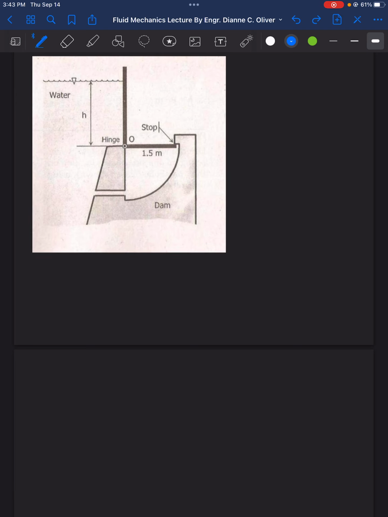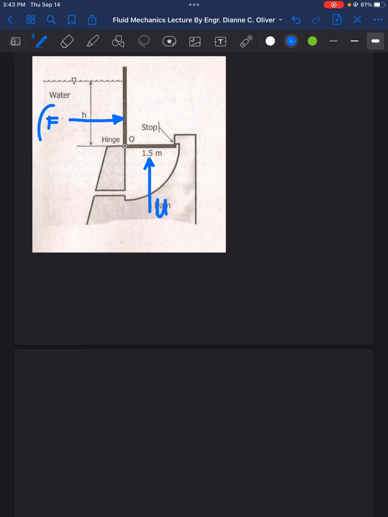Let's move here. So the mechanism here is that there is a horizontal pressure exerted by the water here, and a pressure also exerted by the water at the bottom, being in an upright position, that is the uplift force.